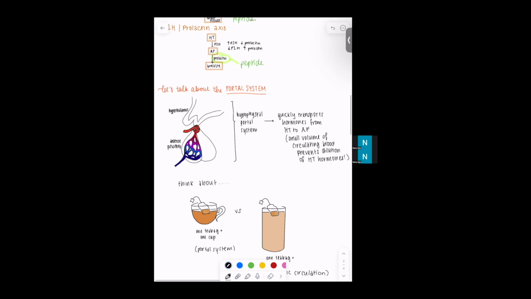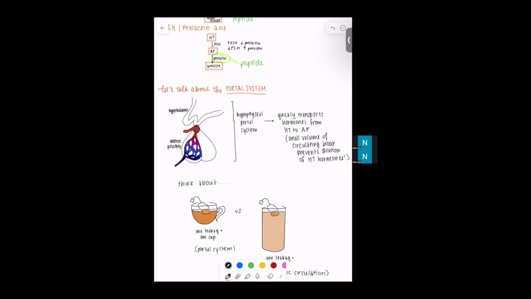So, kind of switching gears, I want to talk a bit about the portal system. This is a pretty important feature of the hypothalamus anterior pituitary axis because this portal system allows for hormones to be quickly transported from the hypothalamus to the anterior pituitary. Geographically speaking, they're very close to each other, but you can imagine that we have 5 liters of blood pumping through us.